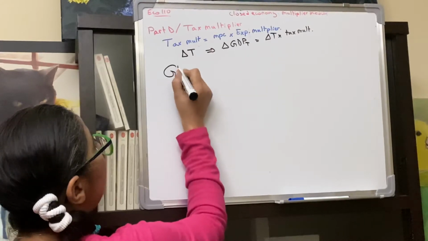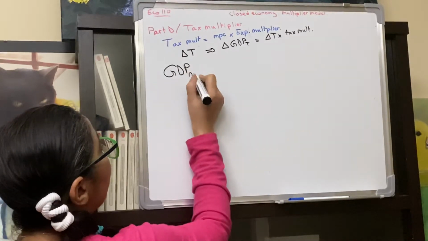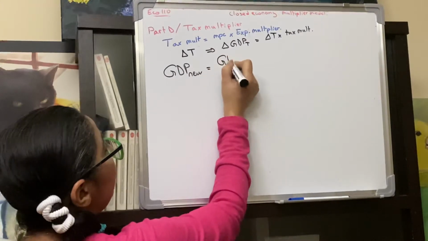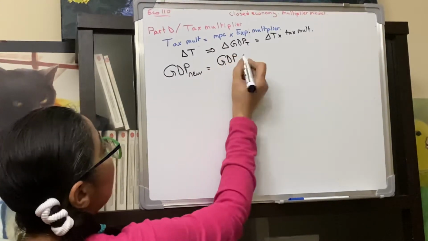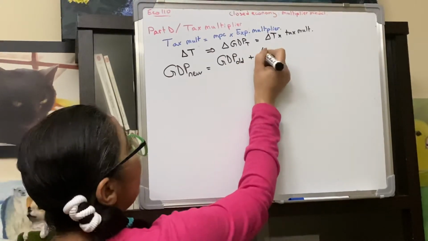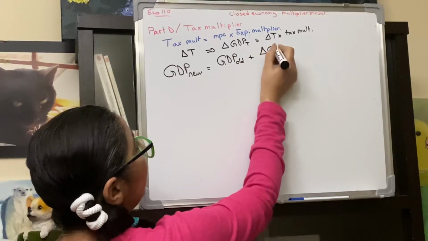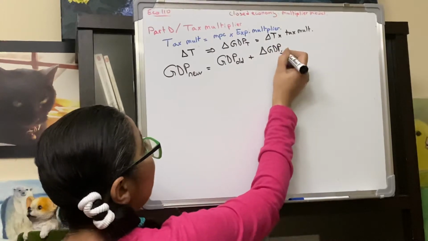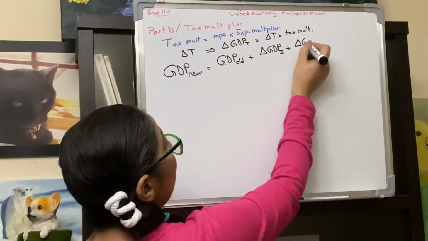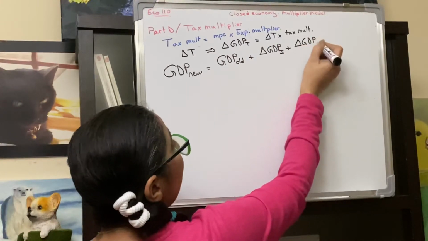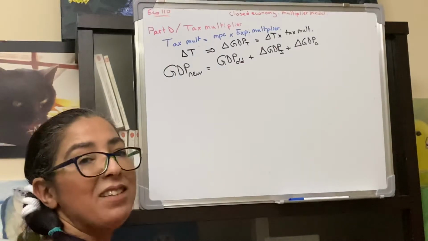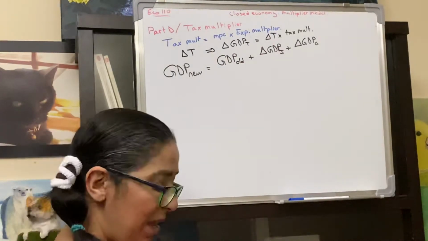The new GDP is equal to the old GDP, your departure point, plus delta GDP due to the investments, plus delta GDP due to government, minus delta GDP due to tax.